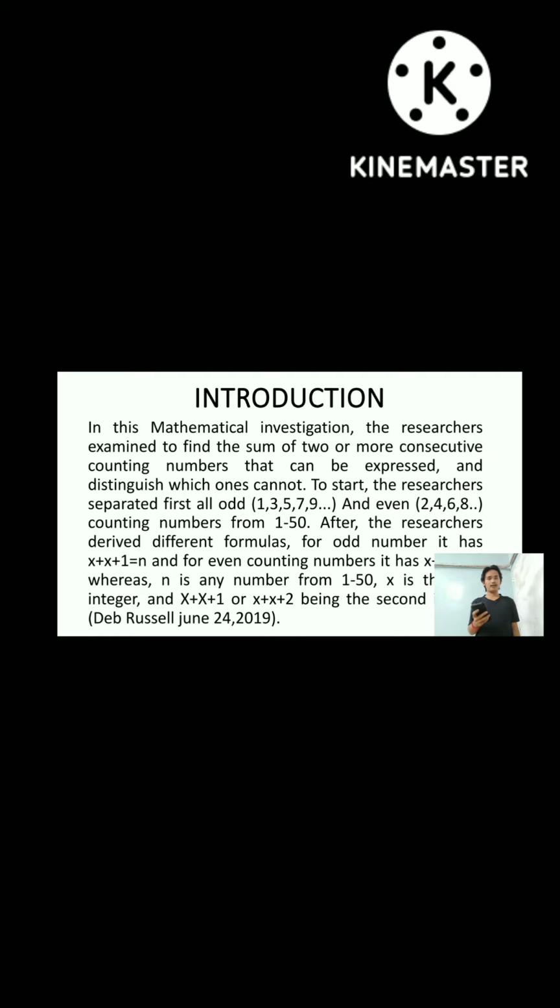And for even counting numbers, we also have x plus 2 is equal to n, where n is any number from 1 to 50. X is our first integer for both equations, and x plus 1 is our second integer.